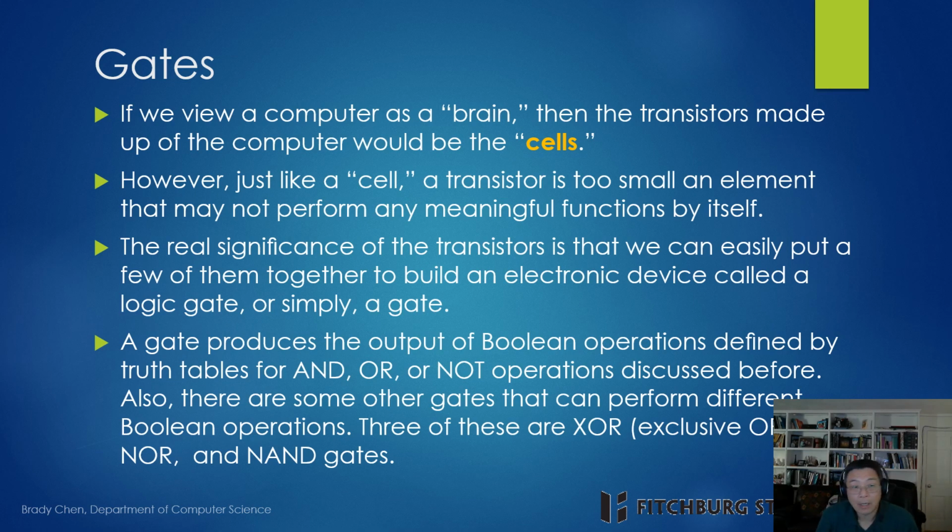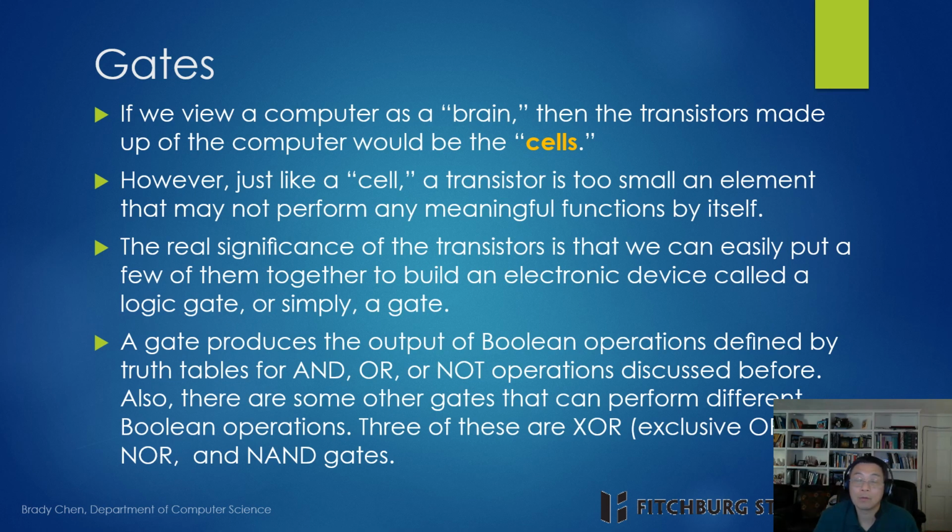If we view a computer as a human body, then the transistors that make up the computer would be the cells. Transistors can control whether we let the electricity pass through or not.